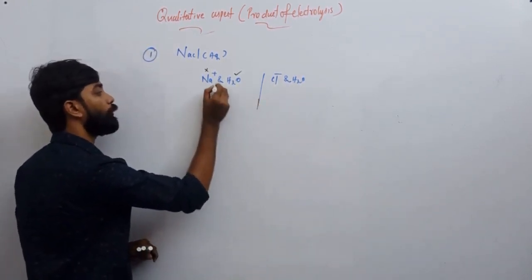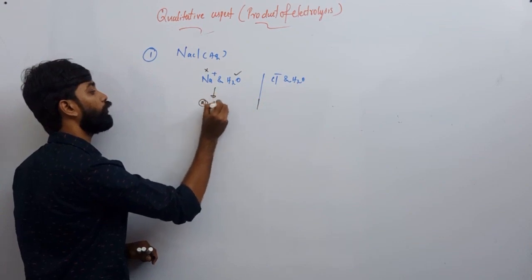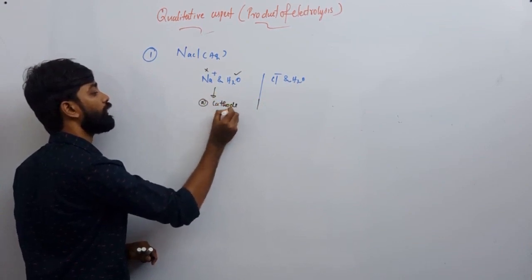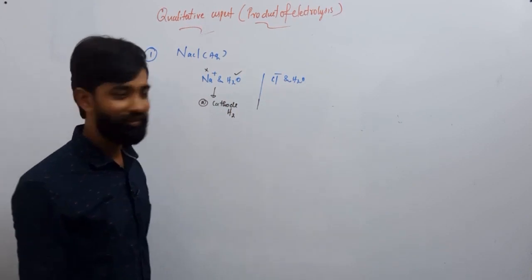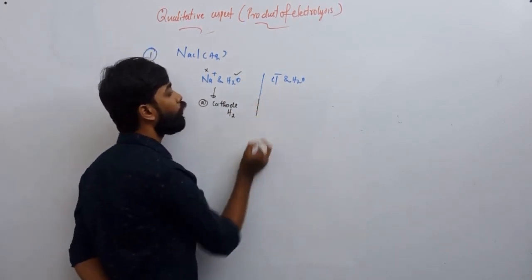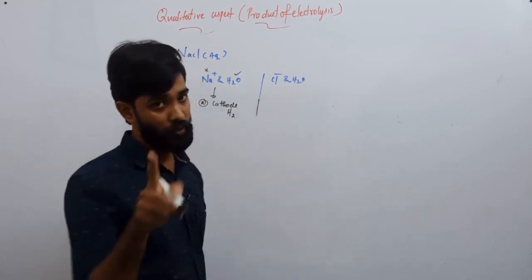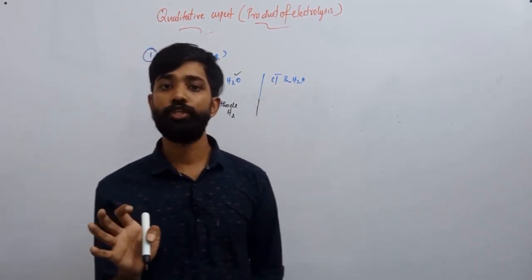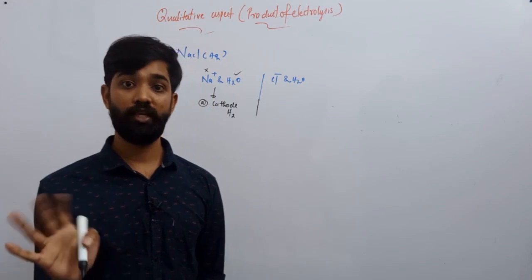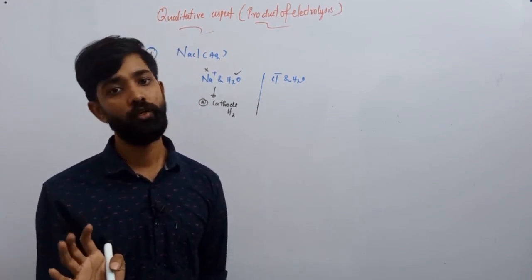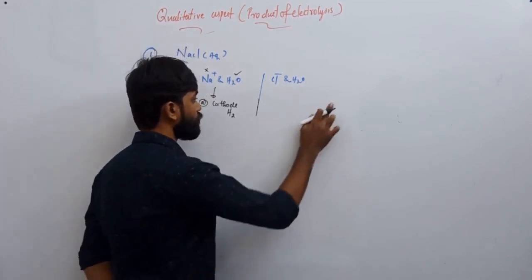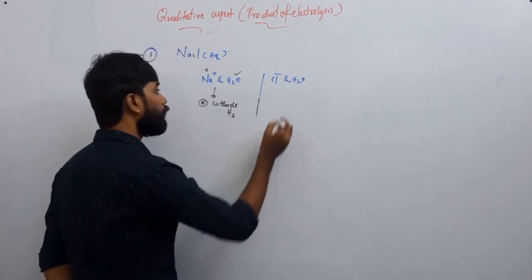So the product at the cathode, since water is reduced, will be hydrogen. And what is at the anode? Cl minus and water. There is an exception. Actually, the standard oxidation potential of water is greater than Cl minus, but due to overpotential, chlorine will be discharged. That is an exception that was already discussed.